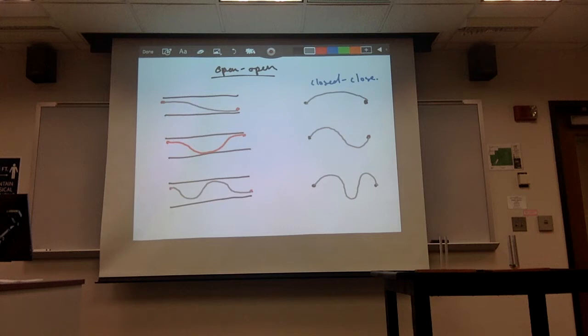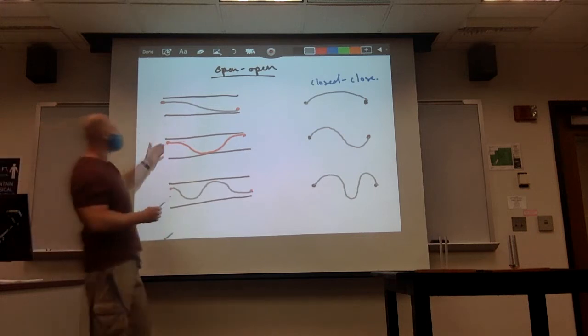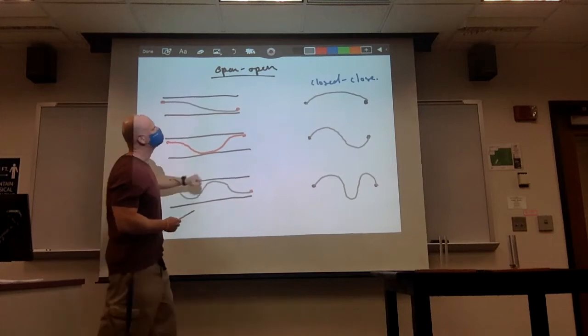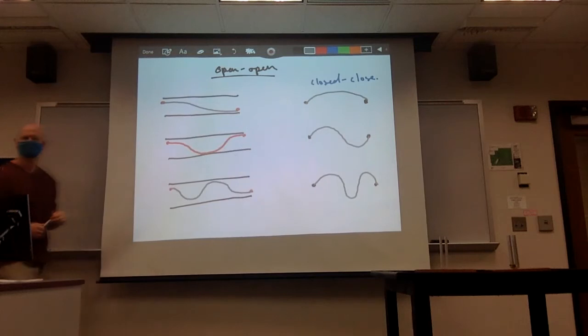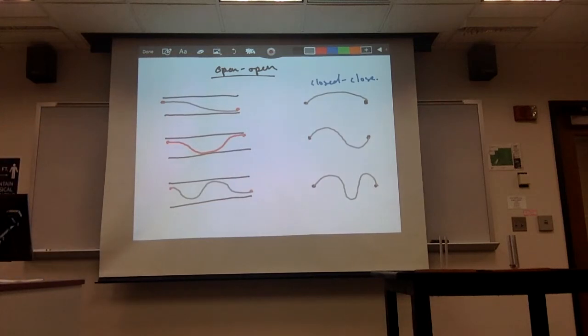Now what I want you to do is compare these pictures on the left, which are for the open-open, with these pictures on the right, which are for the closed-closed. How could I change the pictures on the left to get them to look like the pictures on the right? Is that even possible?